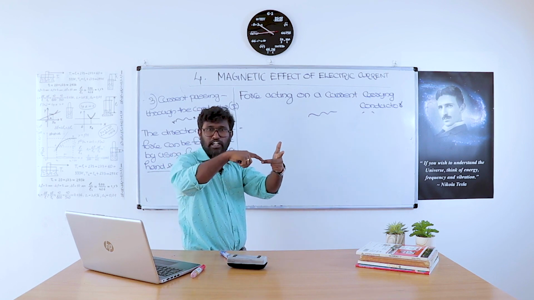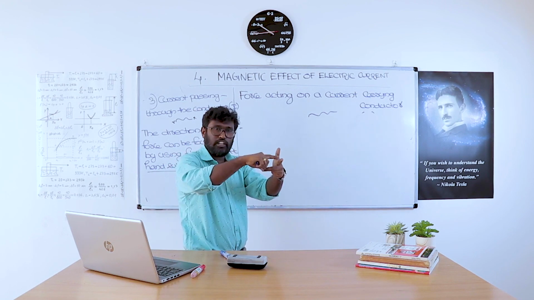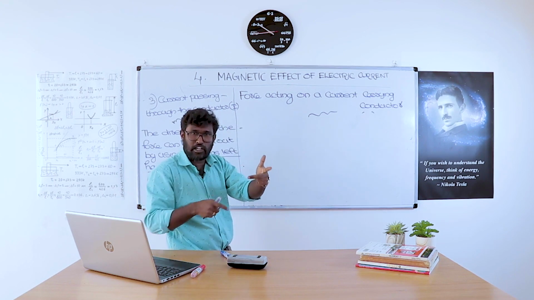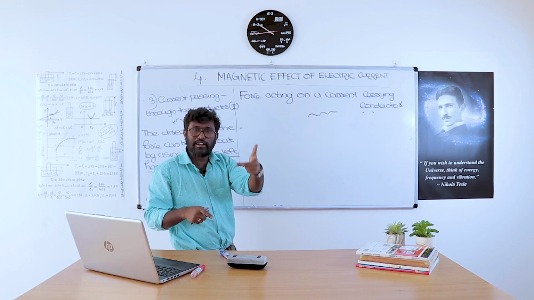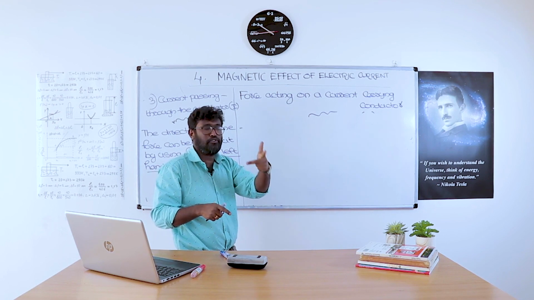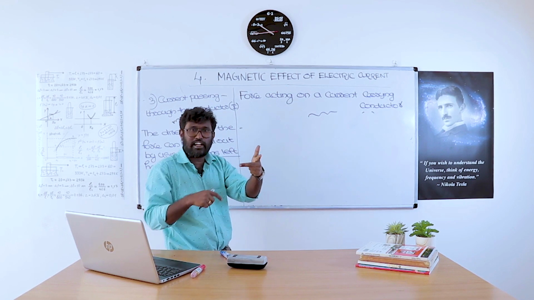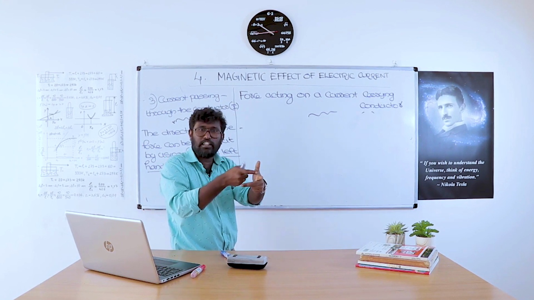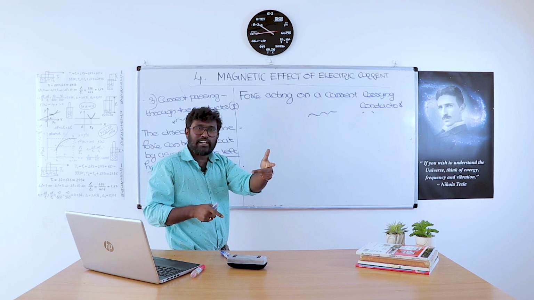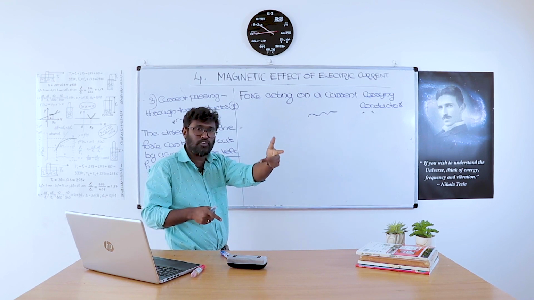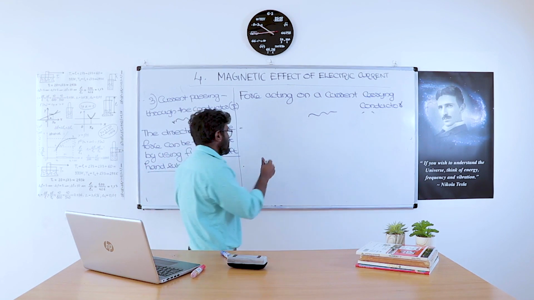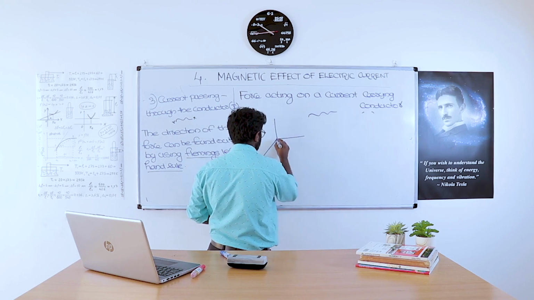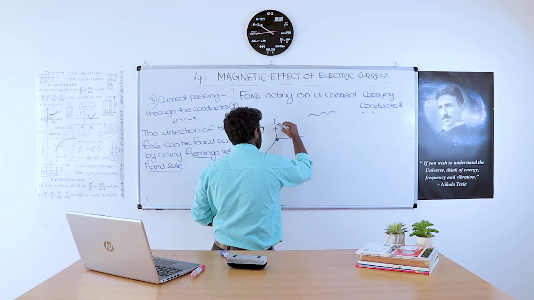If the middle finger gives the direction of current and the forefinger gives the direction of magnetic field, then the thumb gives the direction of magnetic Lorentz force, or simply force. So I will draw. This is the thumb finger.